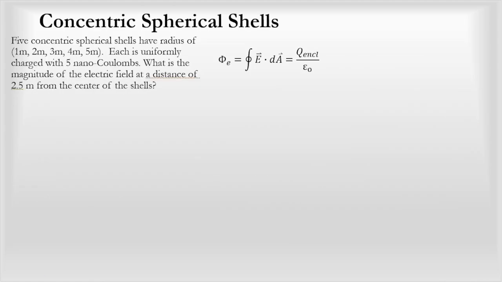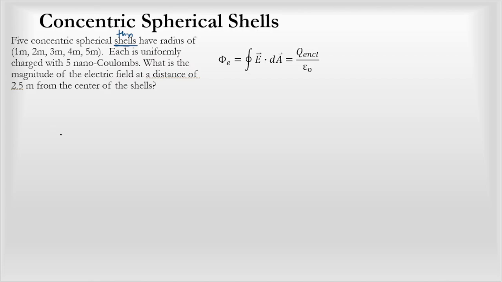The first example problem I chose today is one dealing with 5 concentric spherical shells. And when it says shell here and it doesn't give me any dimensionality of the shell, I'm going to assume that they're thin shells. That the thickness of these shells is very, very small compared to these distances: 1 meter, 2 meters, 3 meters, 4 meters, and 5 meters.